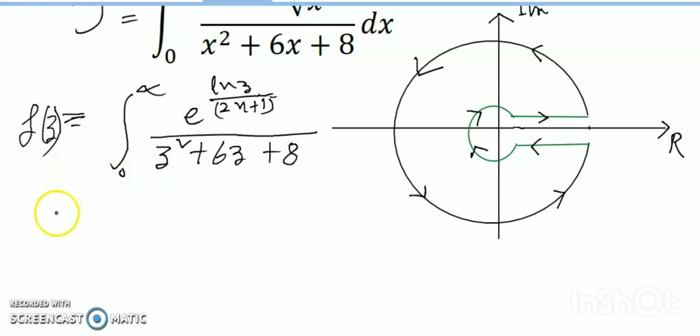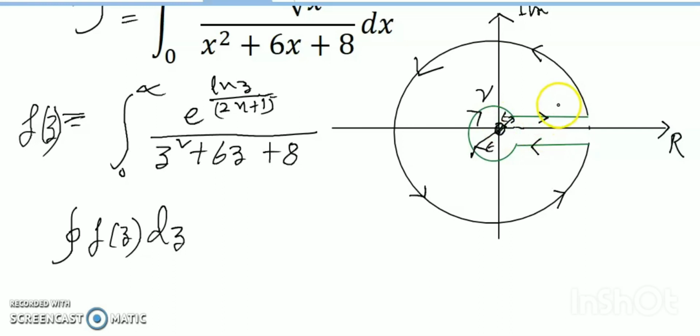Now integration of f(z) dz. Okay, this line is called gamma and the radius is epsilon. Okay, radius is epsilon. And this is my total length, this is my R. In here it is R. So this top, this distance is epsilon.